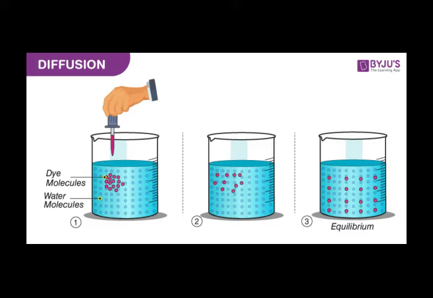A beaker is there, water is poured in it, and a small cube of sugar or a small tablet of potassium permanganate is kept at one corner. After a few seconds, the sugar or the dye or the potassium permanganate slowly dissolves and spreads in the liquid. Eventually, as time goes, the molecules of these substances are diffused or distributed uniformly throughout the water.